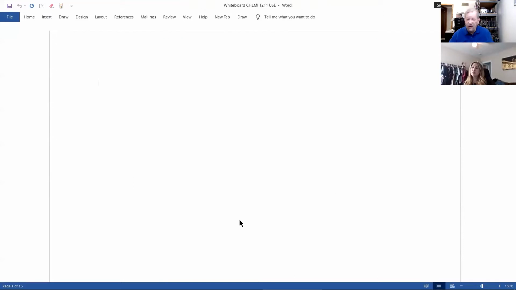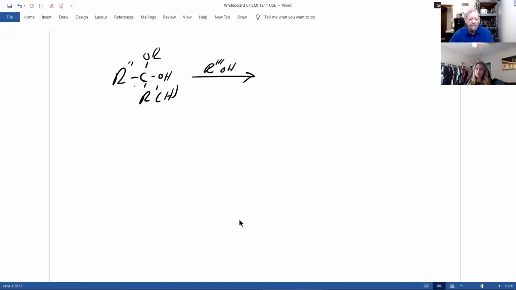And that reaction was, in general, if you take an alcohol and react it with acid with a hemiacetal when R prime is H, or hemiketal when R prime is carbons, what happens?